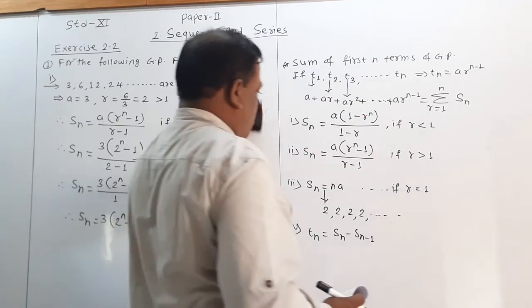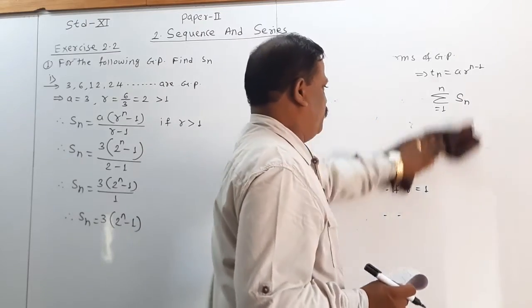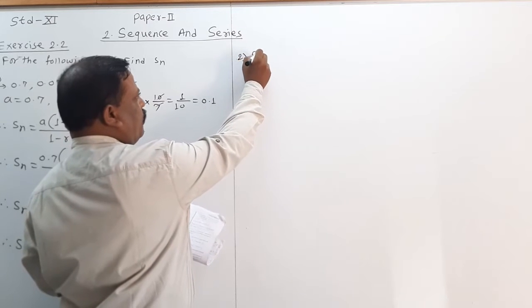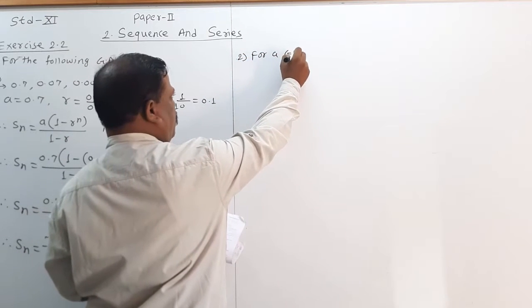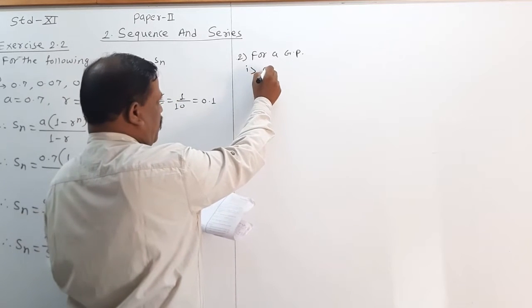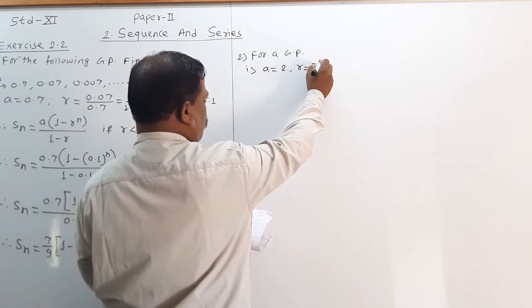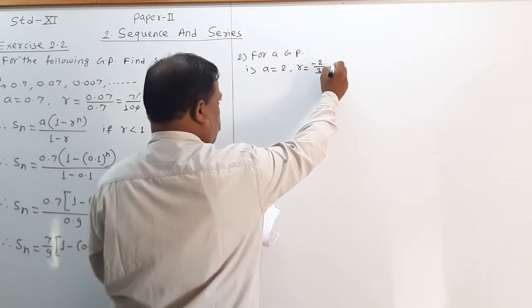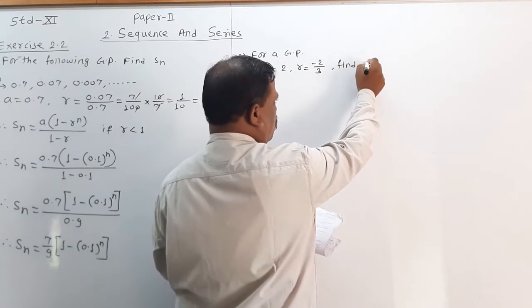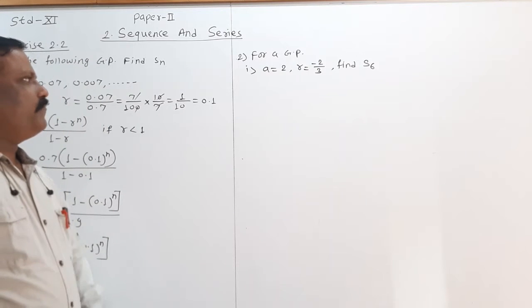Now, second example. For a GP, if A is equal to 2, R is equal to minus 2 by 3, then find S6.